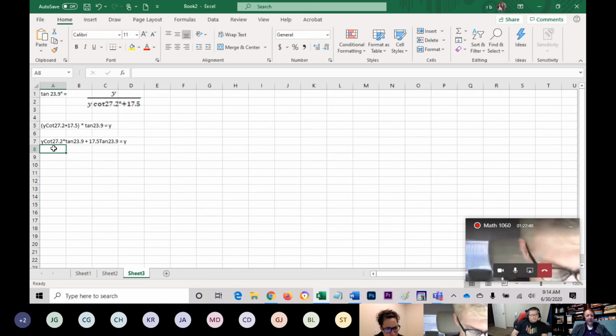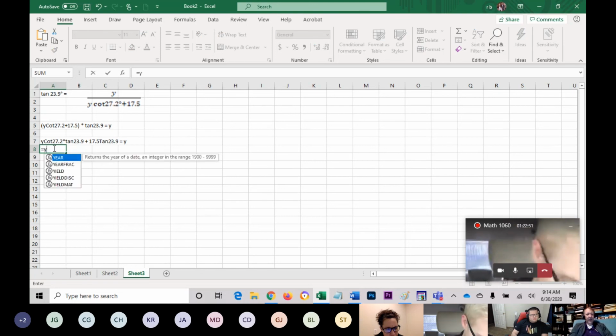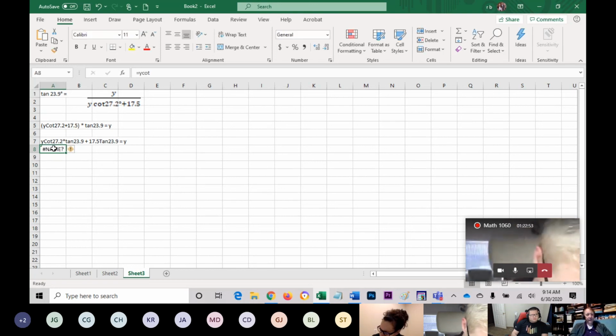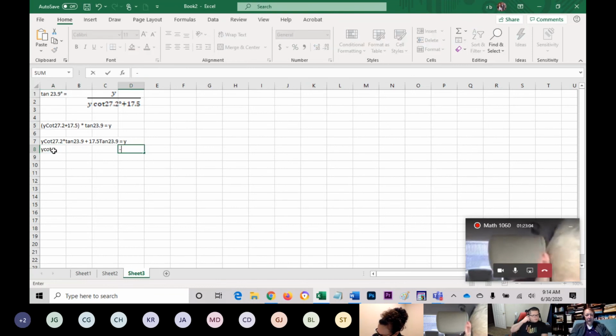So I'm going to subtract this y cotangent stuff. I'm not going to write the whole thing out. We're going to subtract that from both sides.